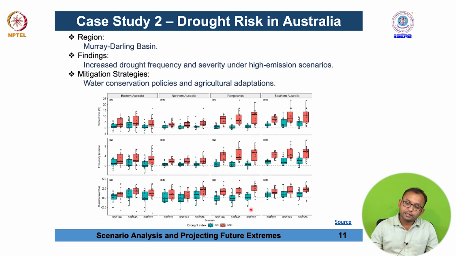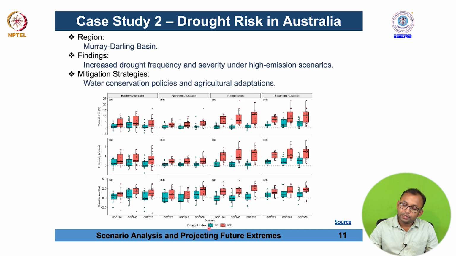Then there is another case study for the Murray and Darling Basin, which suggests that in eastern North Australia, the rangelands and the southern Australian region, the drought risk, the percentage of time, the frequency and duration have also changed when you look at different drought indices, SPI and SPEI. SPI is the standardized precipitation index, and SPEI is the standardized precipitation evaporation index.